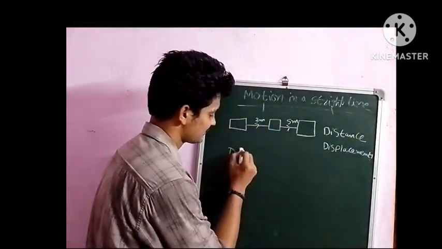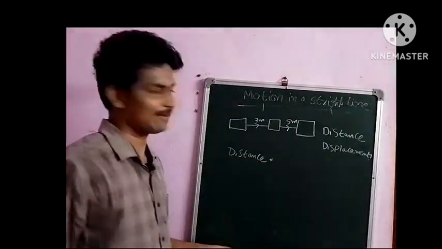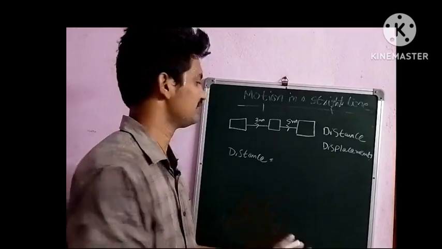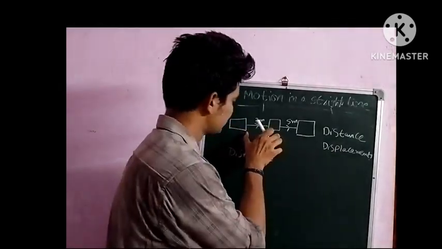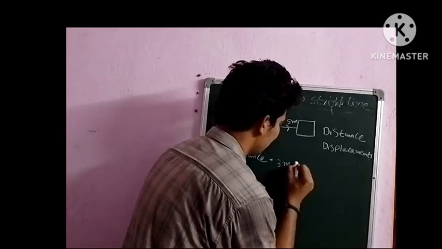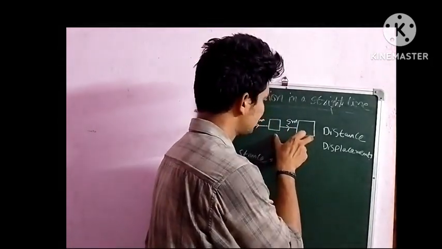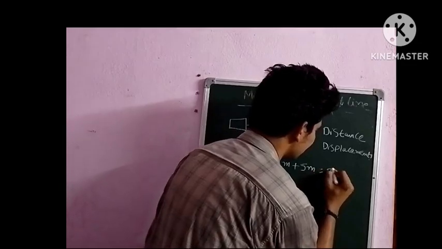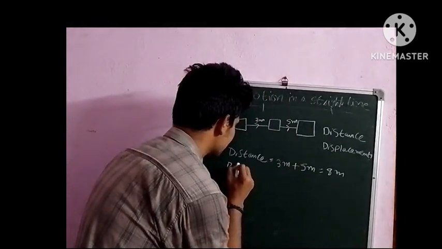Distance means path length. From this position to this position, the path length is 3 meters. From this position to this position, 5 meters. Totally, 8 meters is the distance.